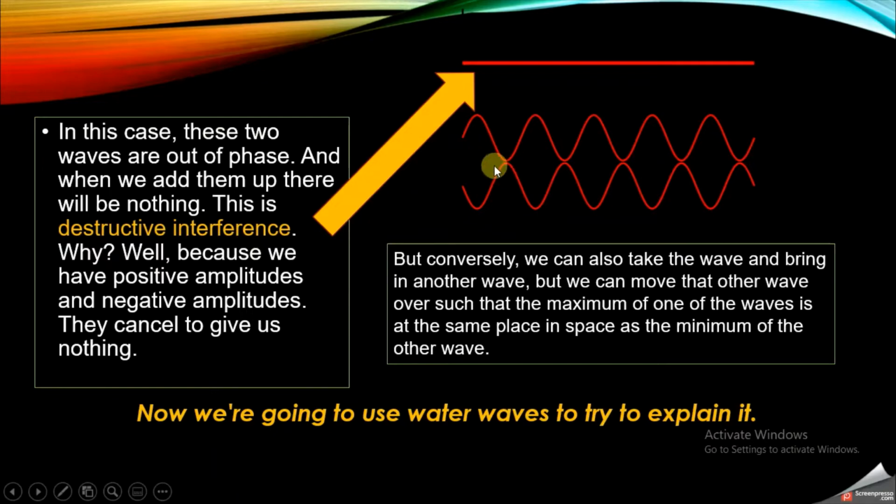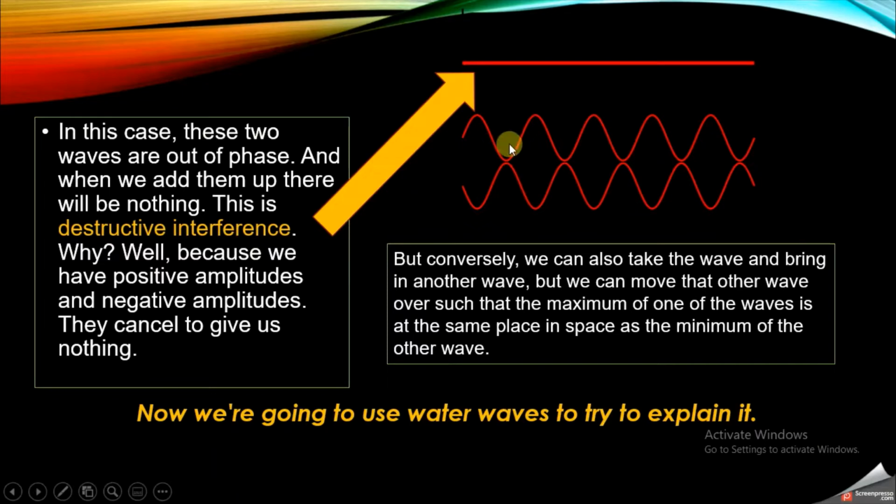As a result, cancelling the crest and the trough, we get no wave and a straight line. The intensity of the wave has become zero. This kind of interference or superposition is called destructive interference because they are destroying their positive and negative amplitudes.